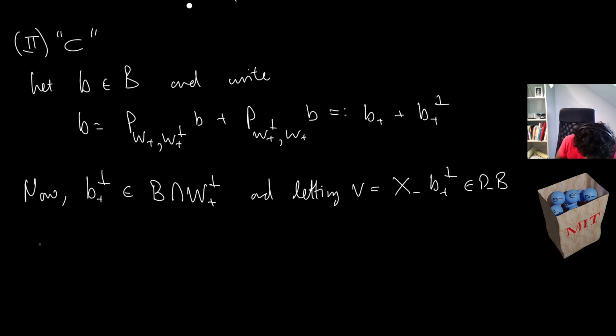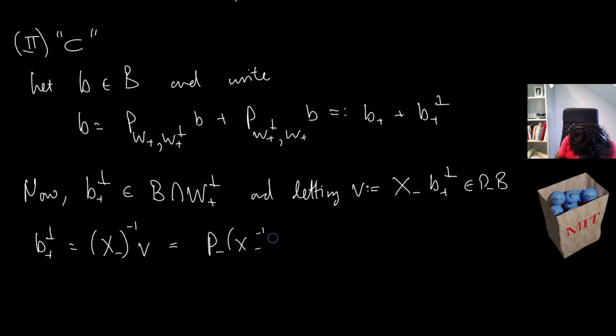What do we have? So we have B plus perp is equal to X minus inverse of V by definition. So I should say letting V be this. So this is equal to, now I'm going to split along the projectors P minus and the P plus, right? So I'm going to take P minus of chi minus inverse of V plus.